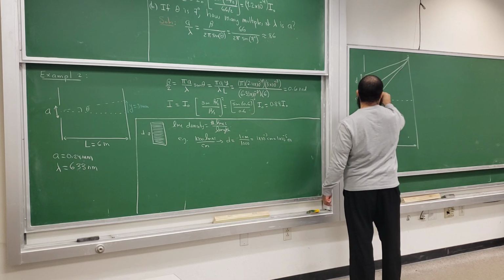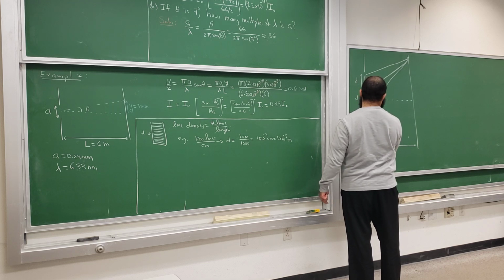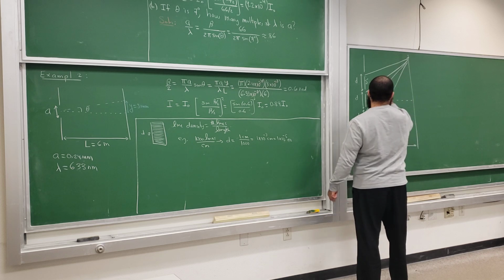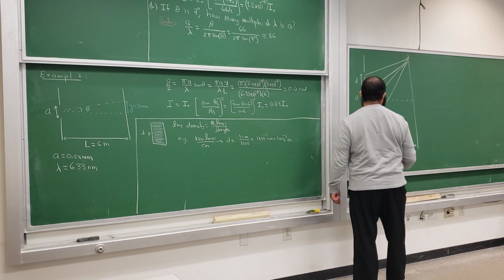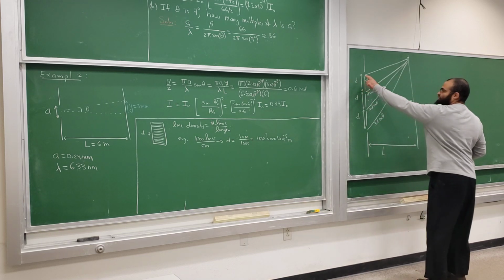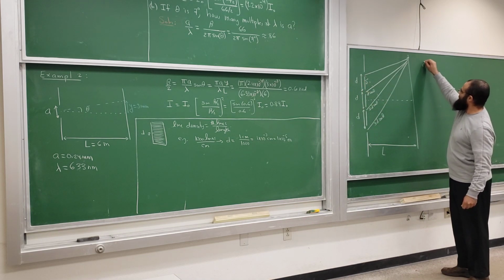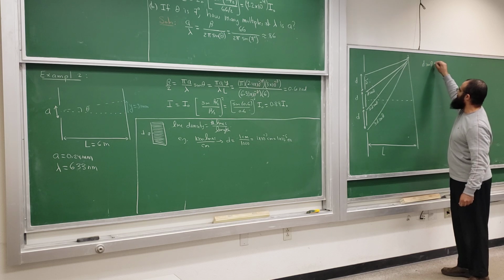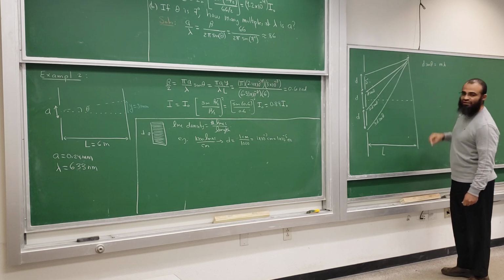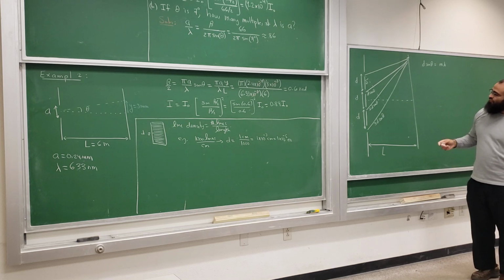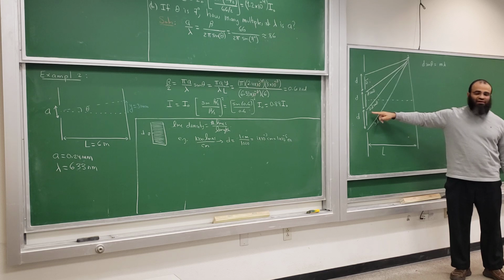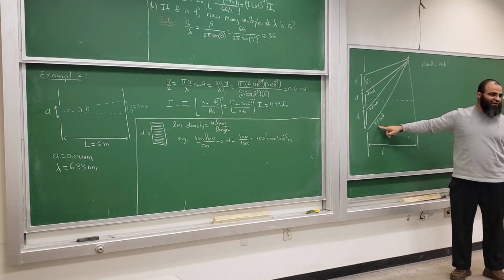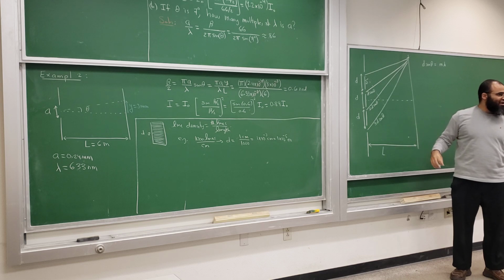That distance is going to be twice d sine theta, and this distance is going to be 3 times d sine theta. And I mentioned that if these two have constructive interference, it means that d sine theta is a multiple of lambda, right? If d sine theta is a multiple of lambda, guess what? 2d sine theta is also a multiple of lambda. And 3d sine theta is a multiple of lambda. So they're all multiples of lambda, and they're all constructive interference.